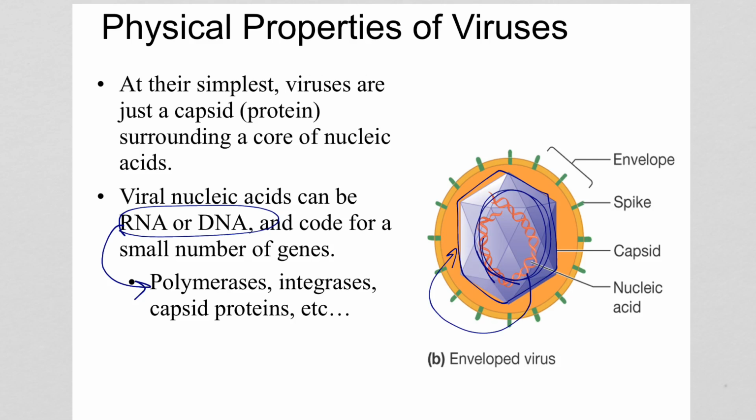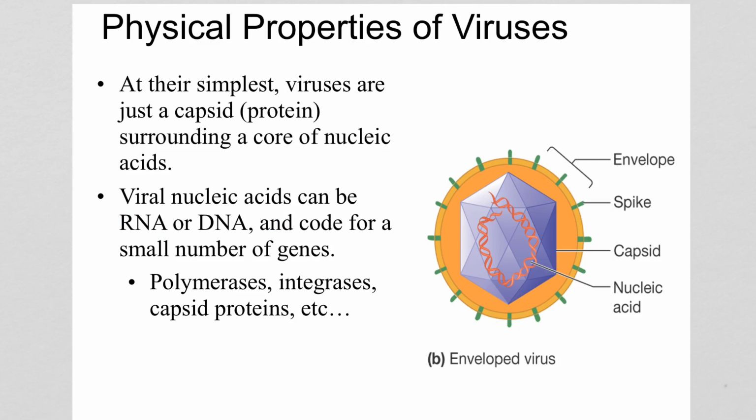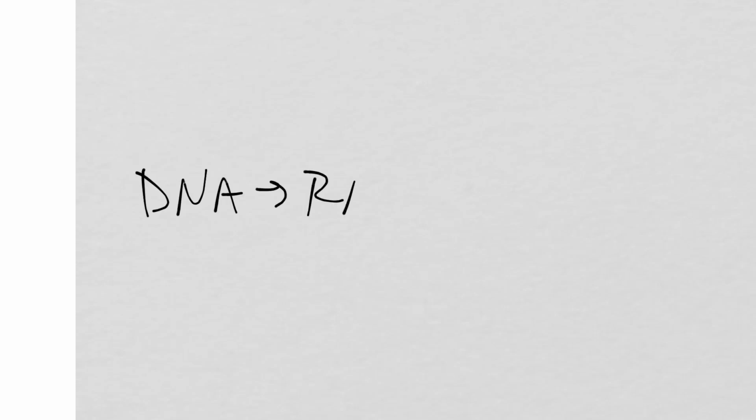Since viruses can be either DNA or RNA based, things get a little bit tricky. And we mentioned these in class. A DNA based virus is pretty straightforward. Right? The standard sequence for living cells is DNA, RNA, protein.